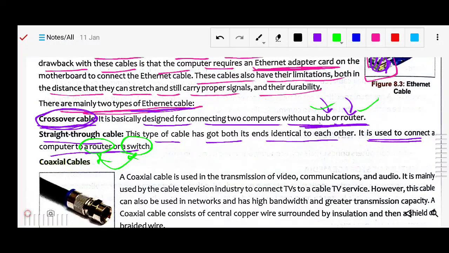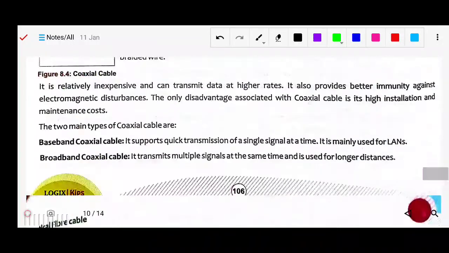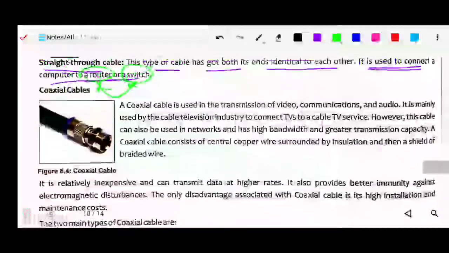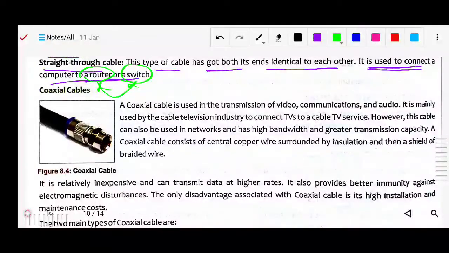Okay, now next is your coaxial cable. What is it? Coaxial cable is used in the transmission of video, communication and audio. It is mainly used by the cable television industry to connect TV cables and TV services. I hope you have seen it.